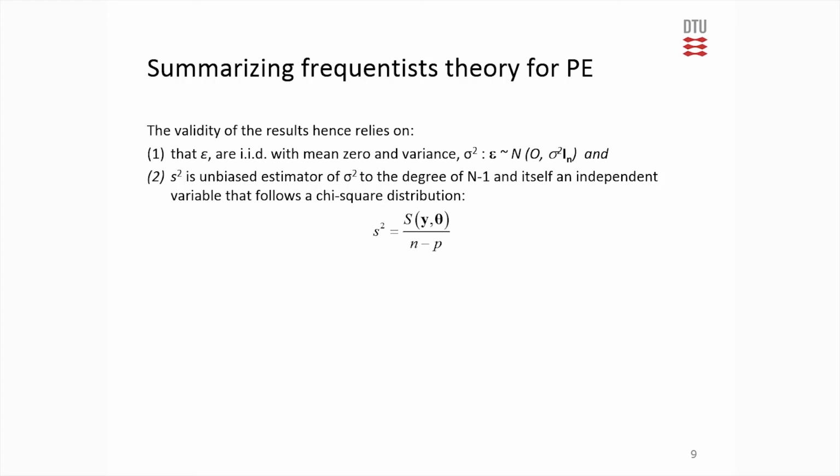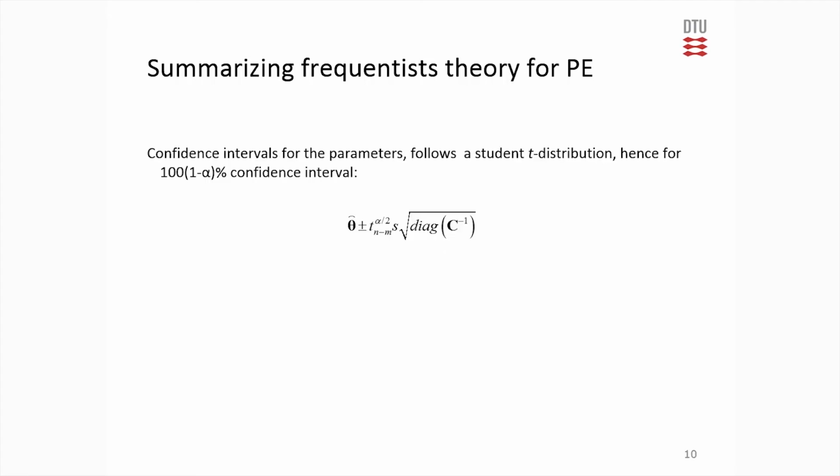The estimated sample variance sigma square itself is a random variable that follows a chi-square distribution with n-1 degrees of freedom, because squared normal variables follow a chi-square distribution. Finally, the confidence intervals for parameter values can be estimated at a given alpha significance level by referring to a student t distribution.